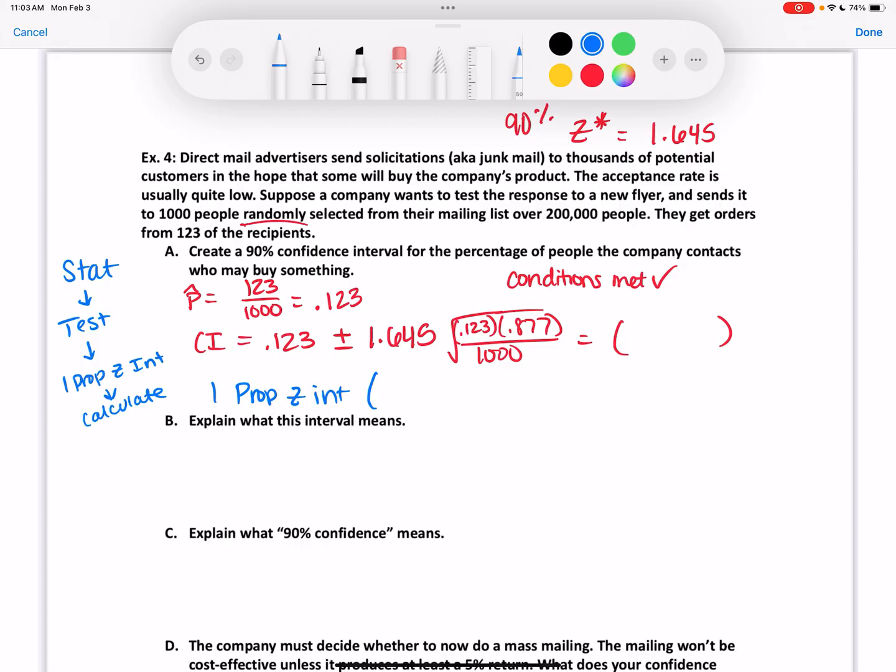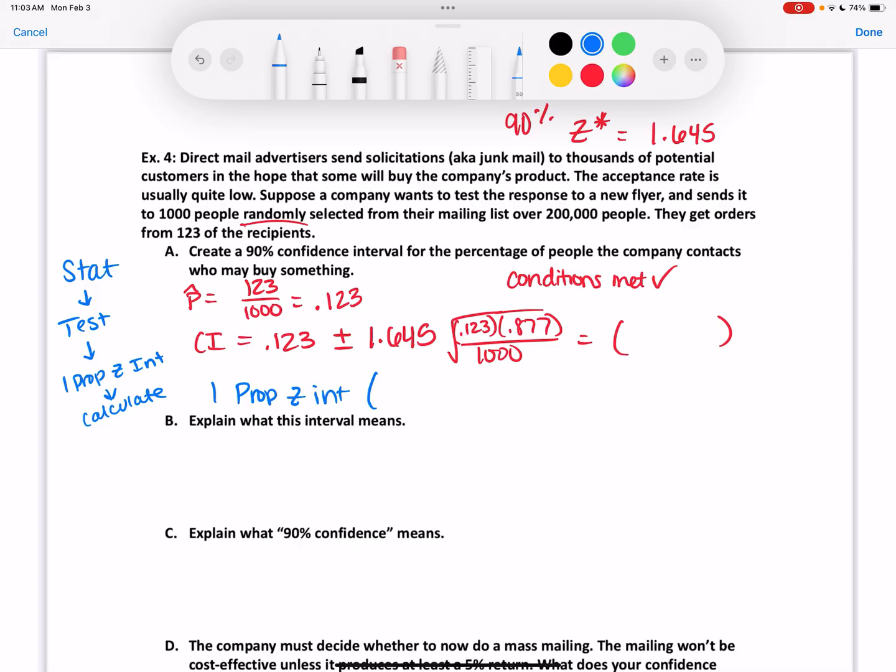Let me do this so we can actually see what we're doing. So stat, test is all the way over, and then just arrow down. It's pretty far down there. It's just alpha A. Yep, 1-PropZInt.